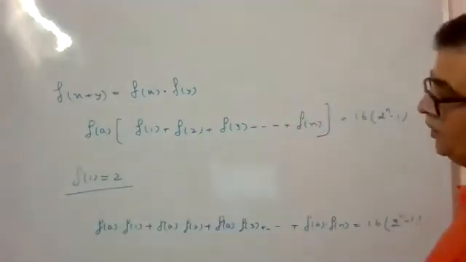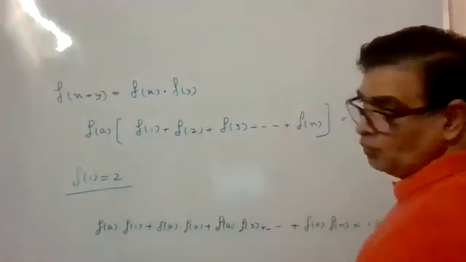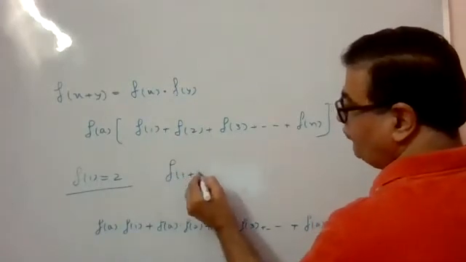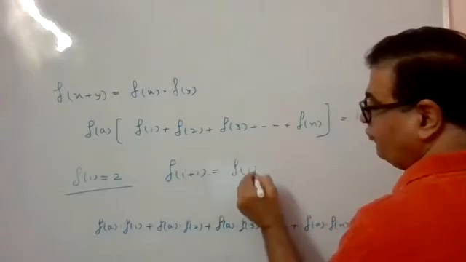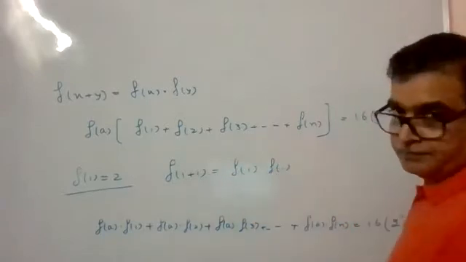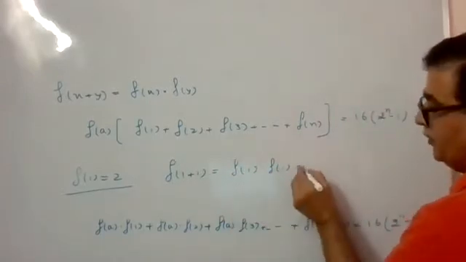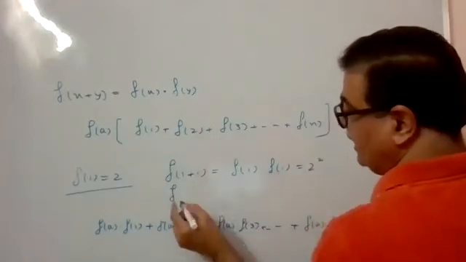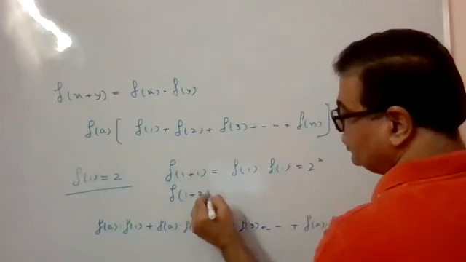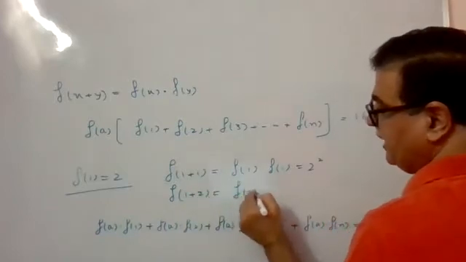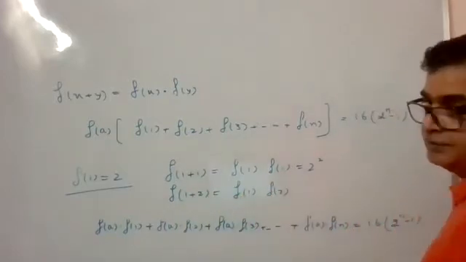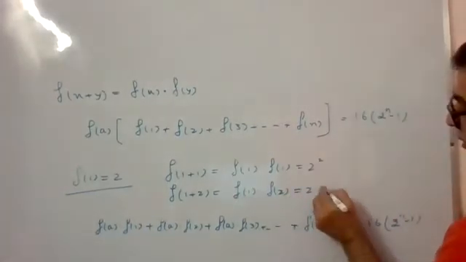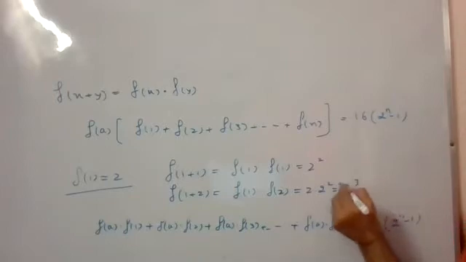Now, f 1 is clearly 2. I want f 2, so I should write f 2 as f of 1 plus 1, that is f 1 into f 1. This is 2 into 2, it will be 2 square. Then I want f 3. f 3 I will write as 1 plus 2. So it will be f 1 into f 2. f 1 is 2 and this is 2 squared, so it will come out to be 2 cube.